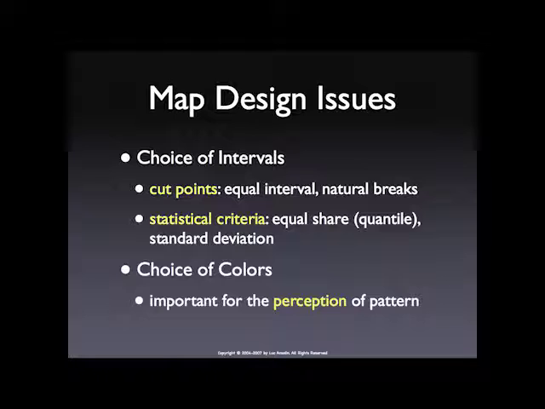There are also categorical maps, and there it's even trickier to choose colors, because in a categorical map, you do not want to give the impression that one color is better than another color, because they're just categories. You know, they're single family, multifamily.